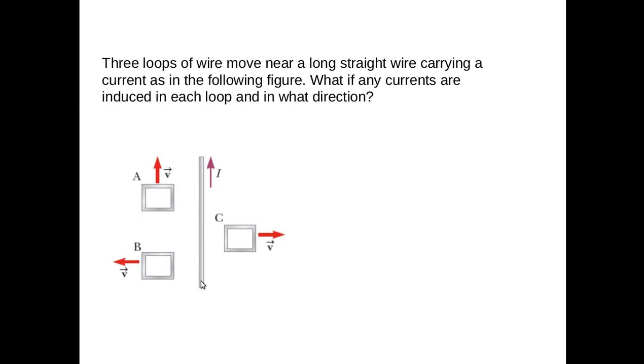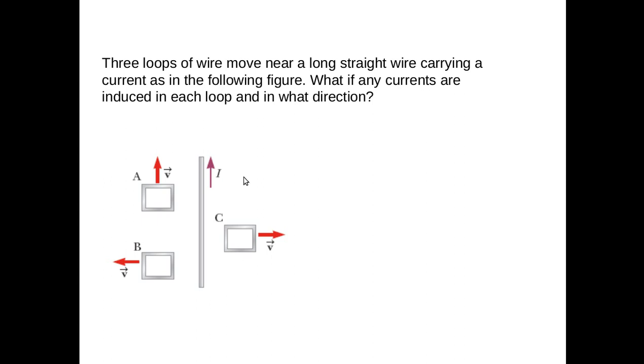If we go back to chapter 19, use your right hand rule for a current carrying wire. Grab that wire, thumb pointing in the direction of the current, and my fingers are curling around that wire in the direction of the magnetic field.